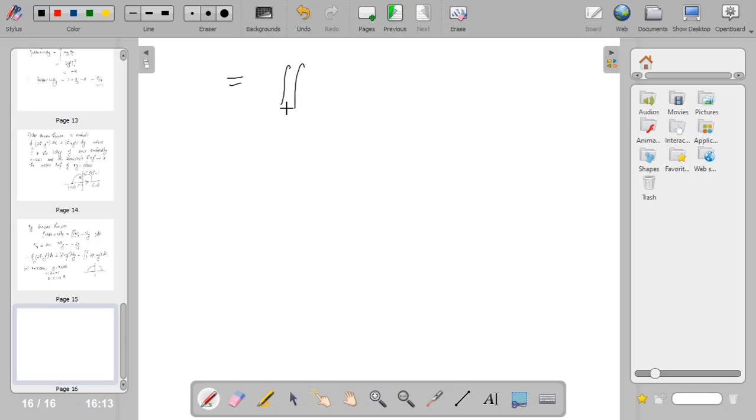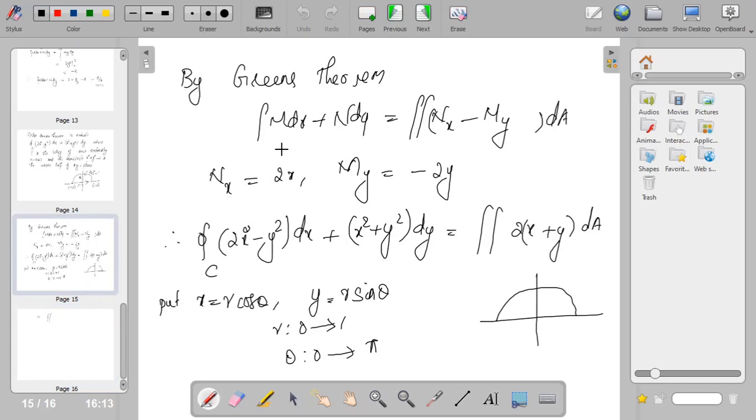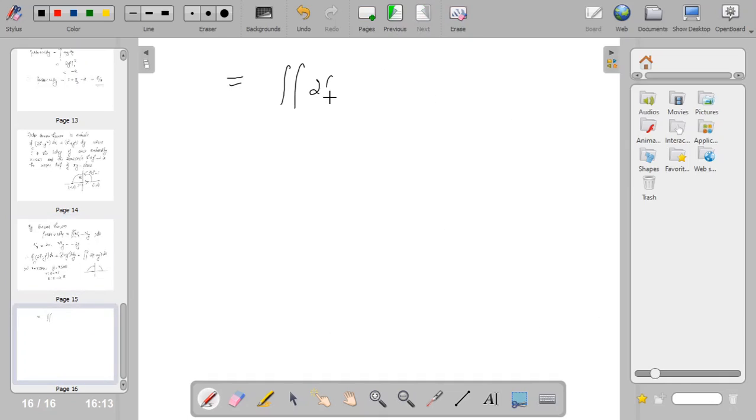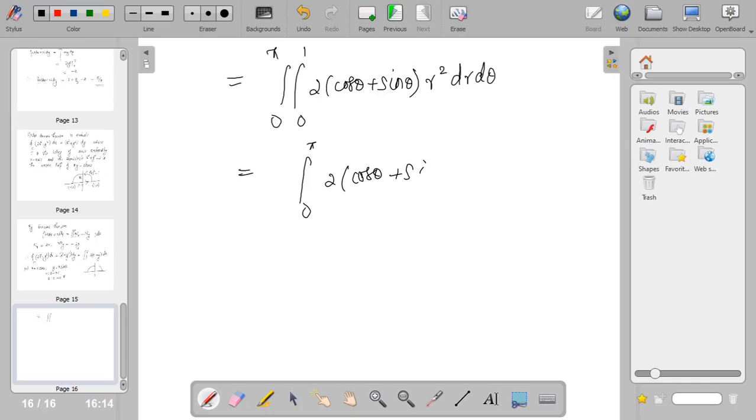So you will get double integral 2 cos theta plus sin theta, r cos theta plus r sin theta, and dA is r dr d theta, so r square dr d theta. So 0 to 1, 0 to pi. So you get integral 0 to pi 2 cos theta plus sin theta r cube by 3 from 0 to 1 d theta. So that will be 2 by 3.